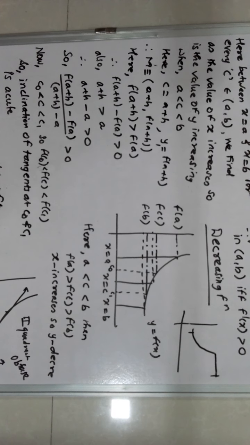But it can also happen that after the function is increasing between the 2 points, again it goes on increasing, or decreasing, again it goes on decreasing. At that time you will get neither strictly increasing nor strictly decreasing. That particular point is called the point of inflection.